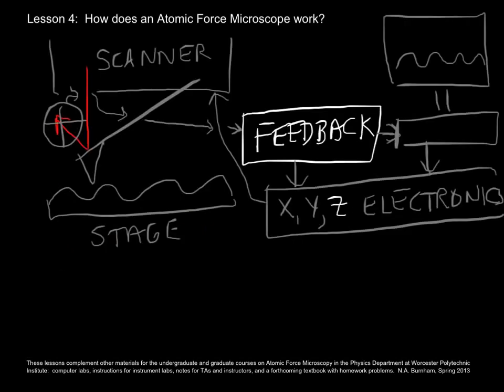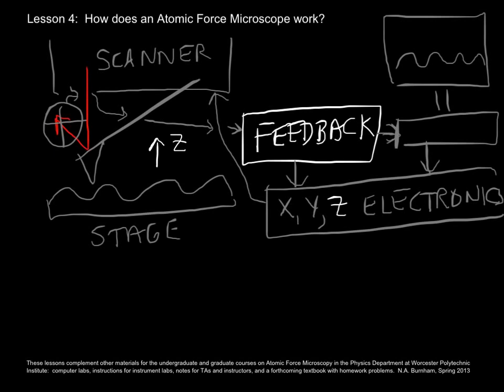Okay, so I have resketched the main components of an AFM, but I have added those things in white, the feedback circuit and the Z electronics mechanism. So what does the feedback circuit do? It tells the electronics, and thus the scanner, that while the scanner is moving back and forth in X and Y, it's also moving up and down in Z. If you remember, Z is the positive vertical direction, such that the deflection of the cantilever stays the same.